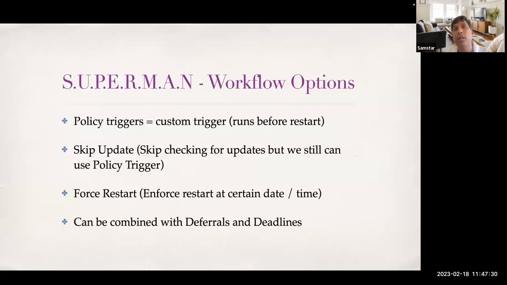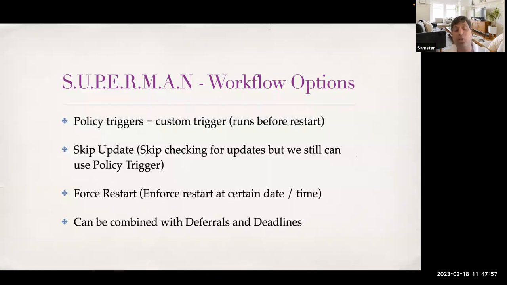What this means is that before the restart of the Mac, Super Man will call the custom trigger and install the application or configuration or script which you have. So if there is any need to install something before the software update installation, you can always add policy triggers in your script and it will call the trigger before the restart happens.